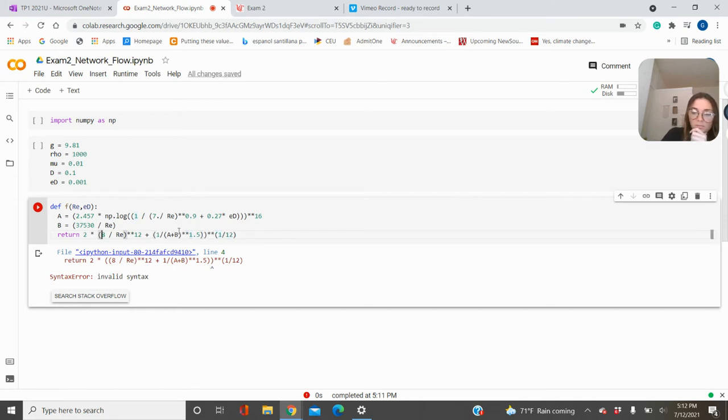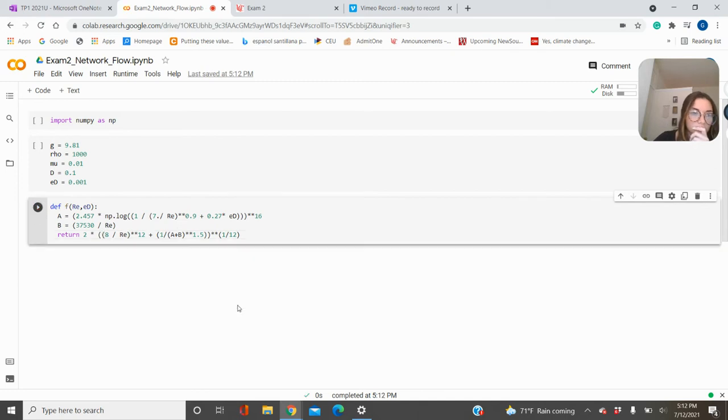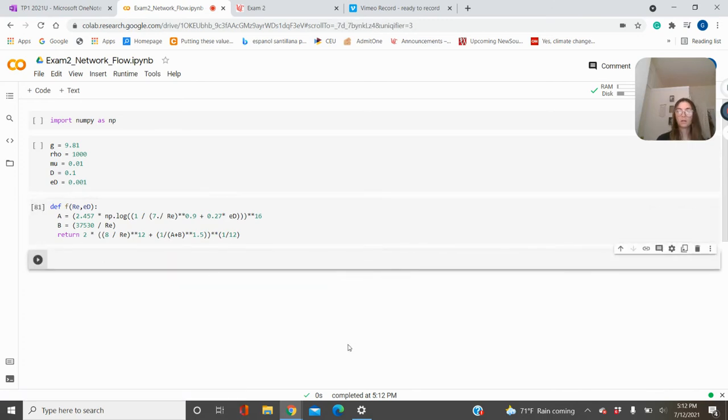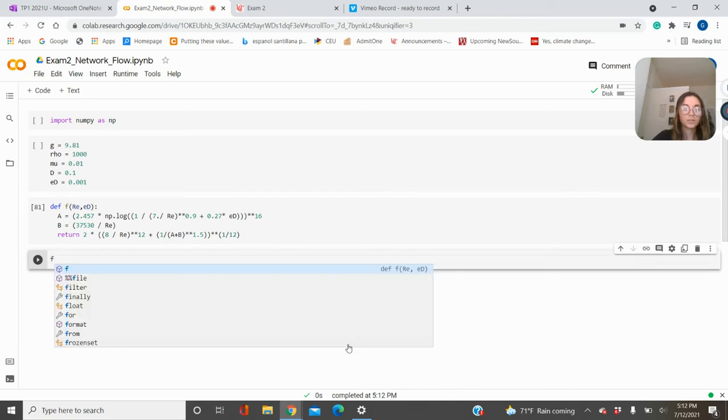Parentheses here. Okay, we were just missing some parentheses. All right, so before we move forward, we want to check that our calculations are working. So we're going to do the function of our Reynolds number.